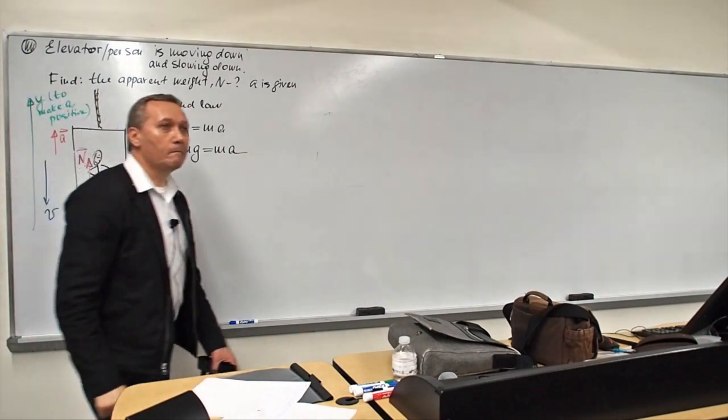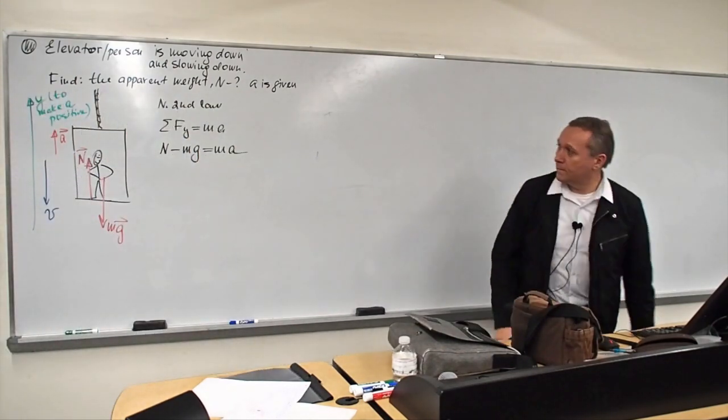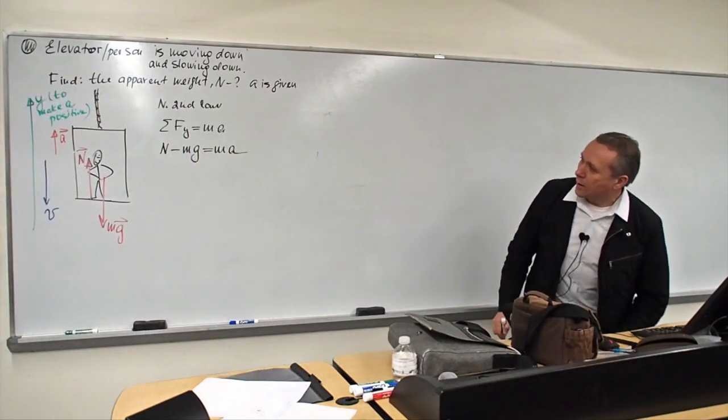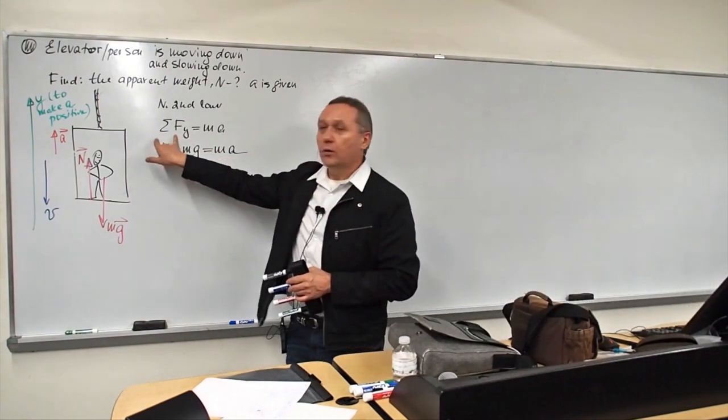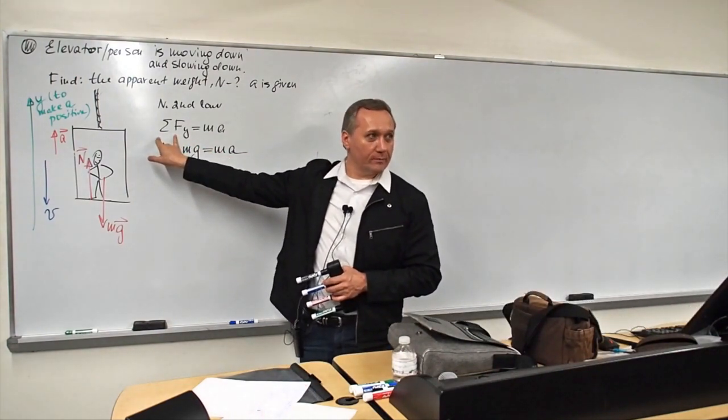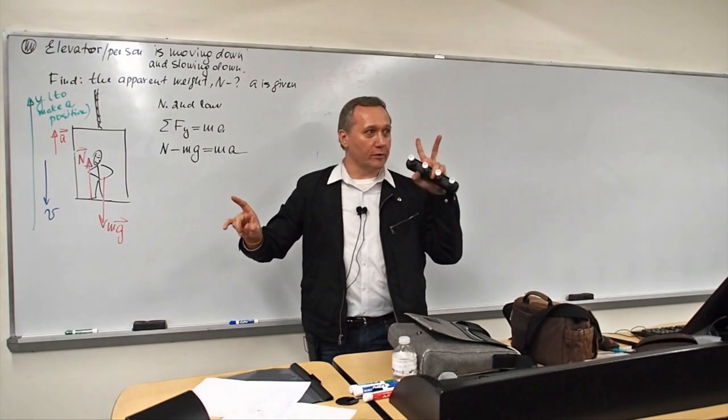Yeah? Why is it N minus mg? What do you suggest? You don't know. Okay, because I'm just trying to write all the forces acting on the person. There are two forces acting on the person, right?